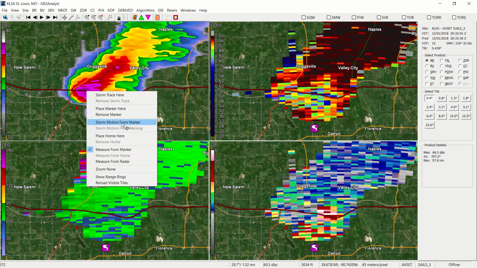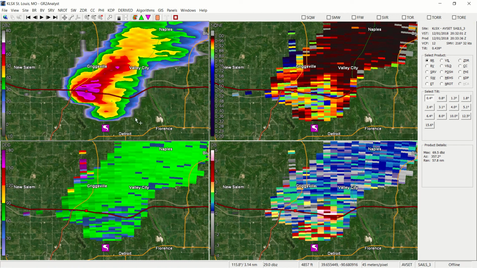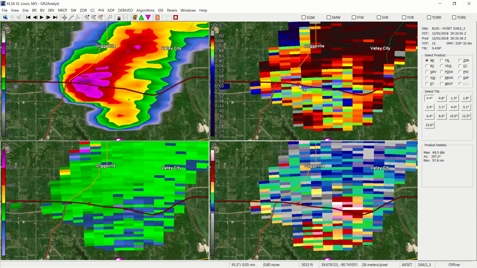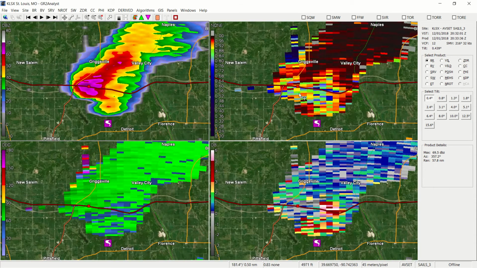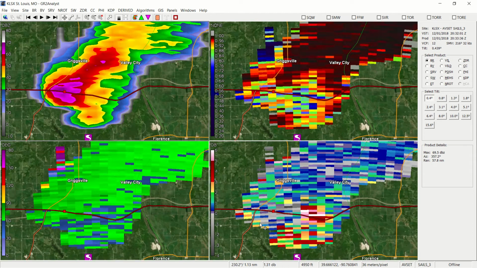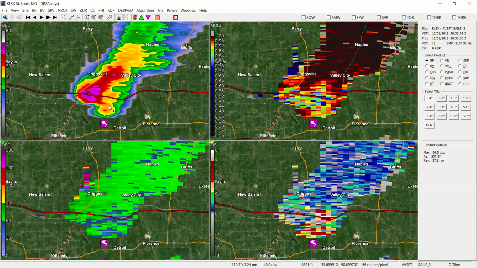You can see how this changes over time. We'll place a marker here. There's very good correlation with the ZDR, with a near zero right in the middle of that hail core with the 60 dBz. And correlation coefficients are hard to read because of all the different colors and pixels, but definitely not a whole lot of correlation in the precipitation field in that area.